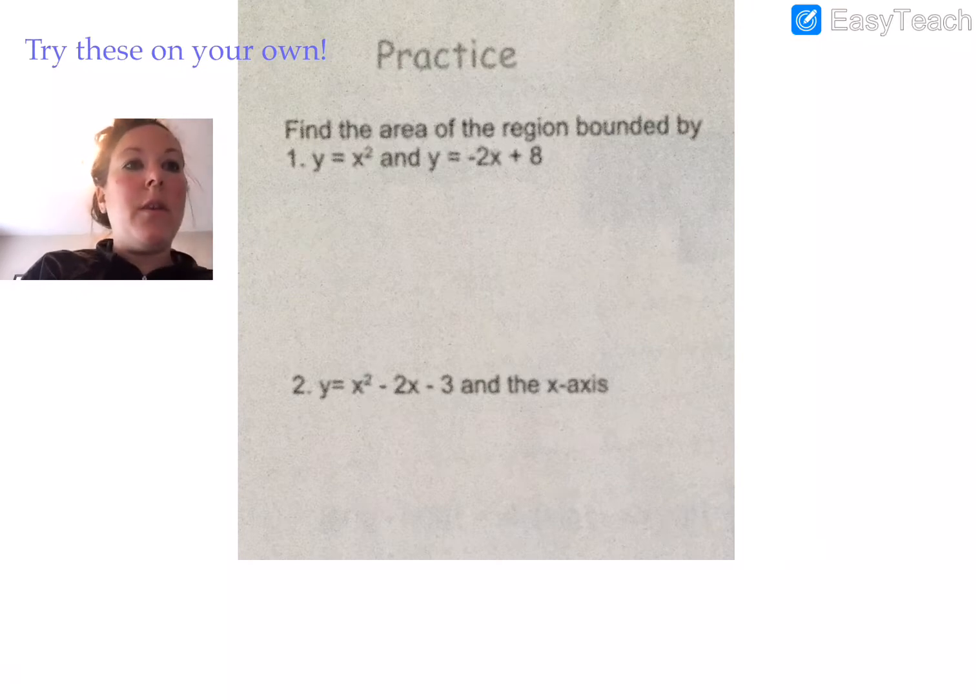When we come back, I'll show you the answers, and then we'll do a couple more, a little bit trickier questions. We'll get away from the quadratic linear models here. So go ahead, pause the video, try these problems on your own, set them up and everything, and when I come back, I'm going to show you the answers.